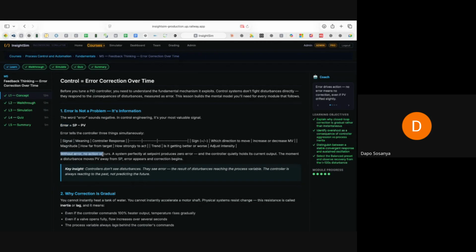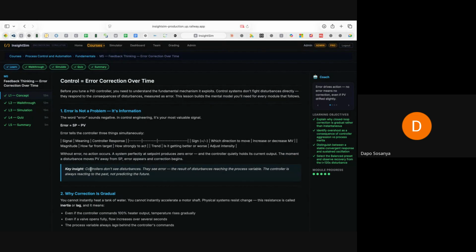Without error, no action occurs. A system perfectly at setpoint produces zero error, and the controller quietly holds its current output. The moment a disturbance moves PV away from SP, error appears, and then correction begins.